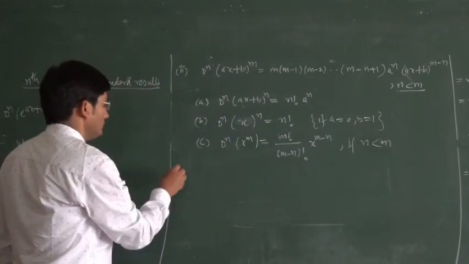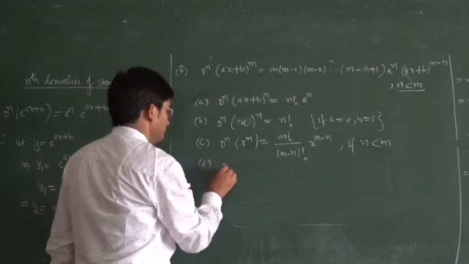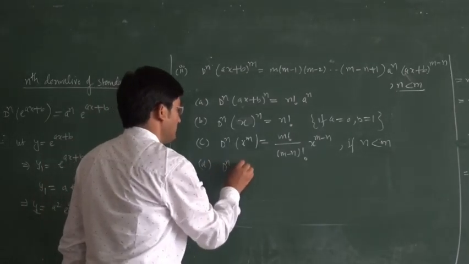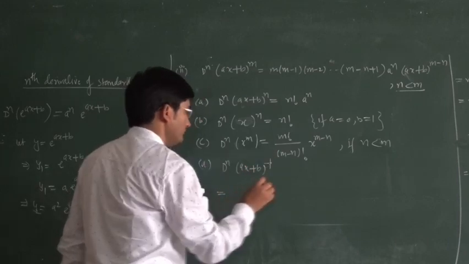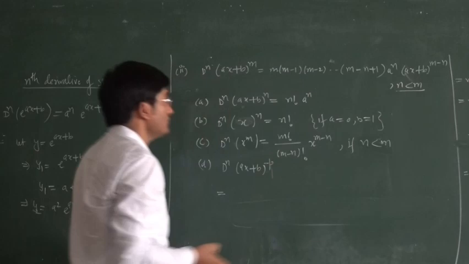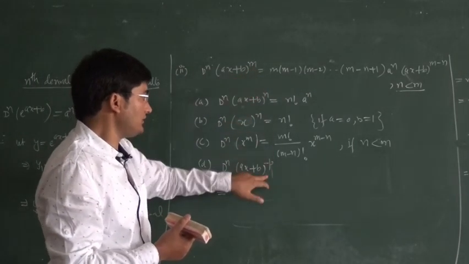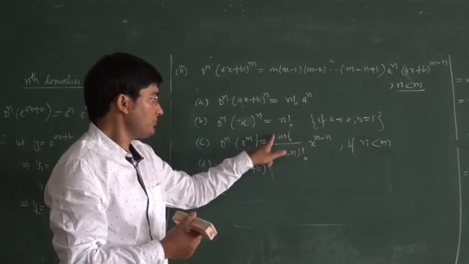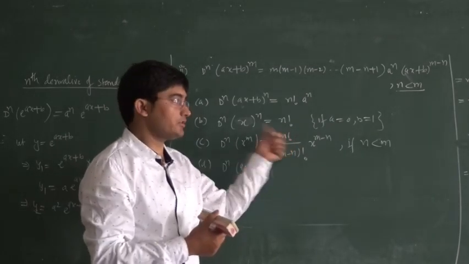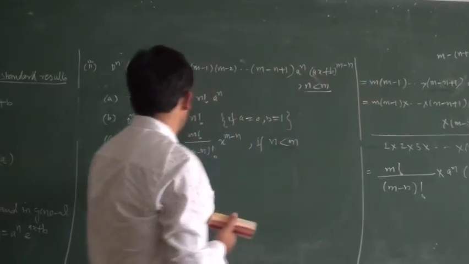Then the third one, the nth derivative of (ax plus b) power minus p, that means when m is minus p. Now if m is minus p, then we cannot write this term in this form, because factorial is not defined for negative terms. So let us put m equal to minus p here.